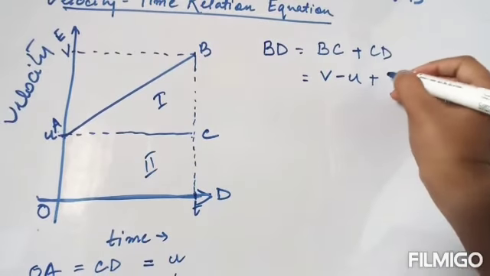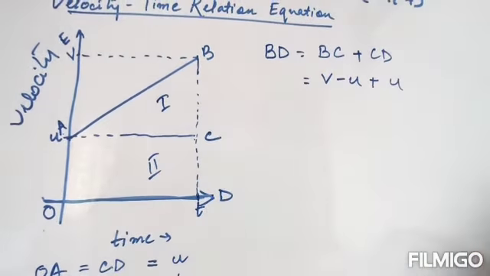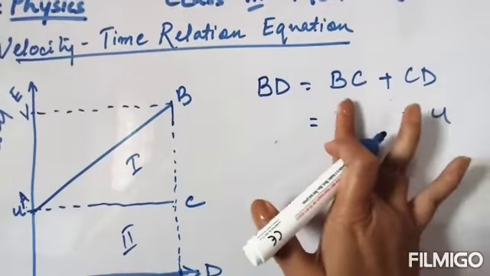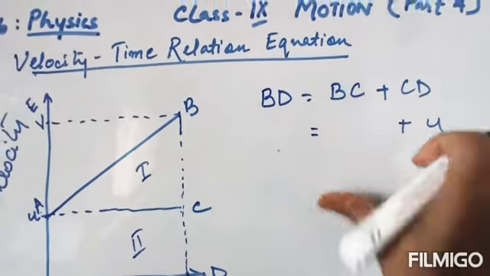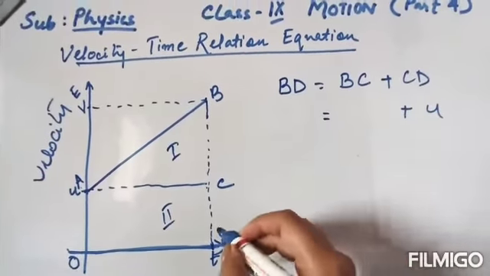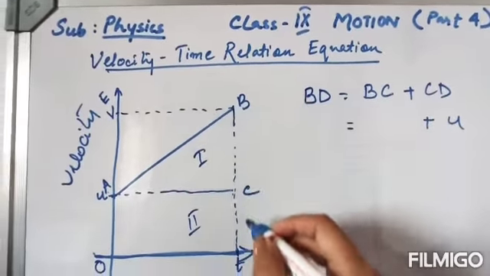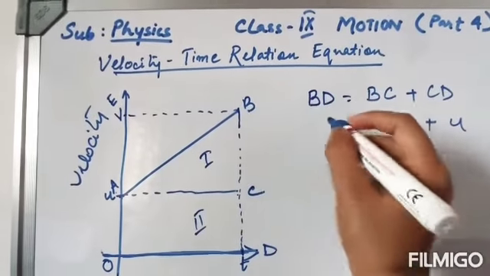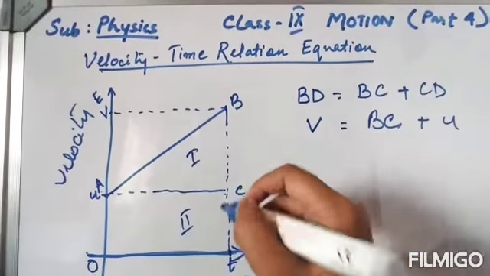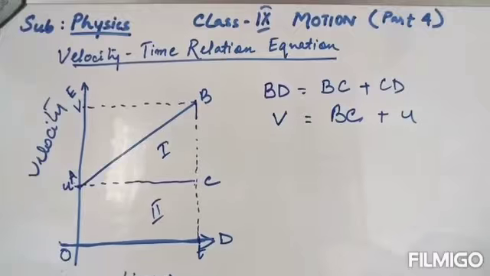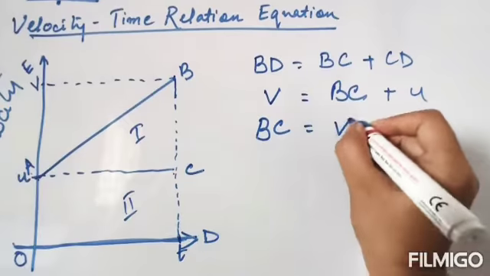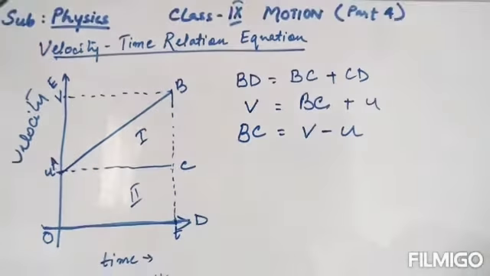CD we already know is U. Sorry, BD is from here to here. What is the distance? How many units is it? It is V. And BC only we are going to find out. Now, so we can say that BC is equal to V minus U, correct?